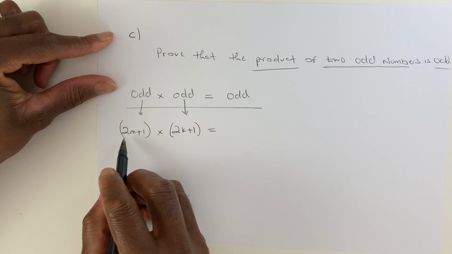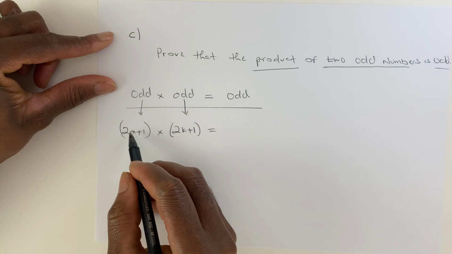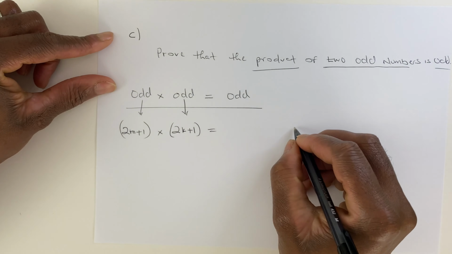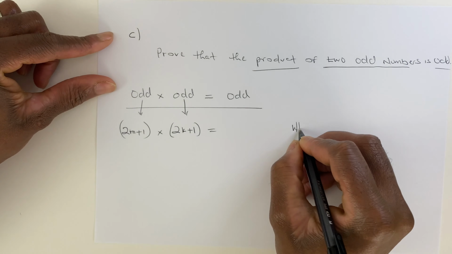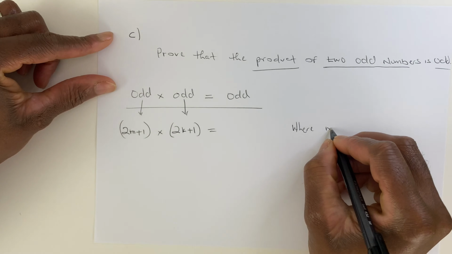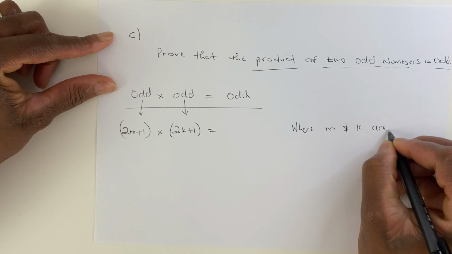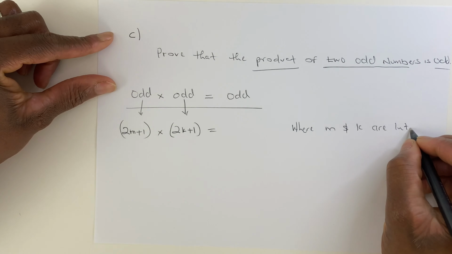So what we need to do is cross multiply there. 2m times 2k. Remember that m and k are integers.